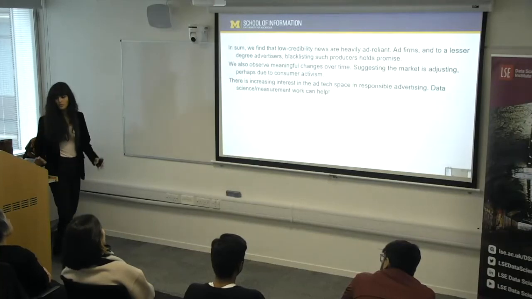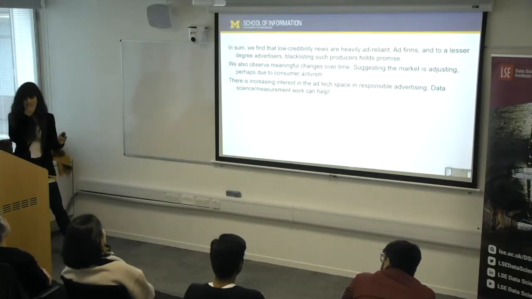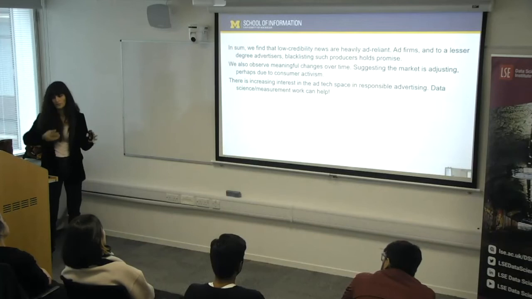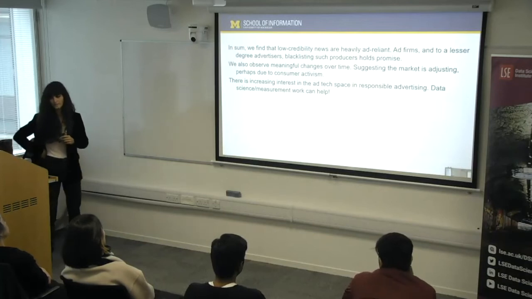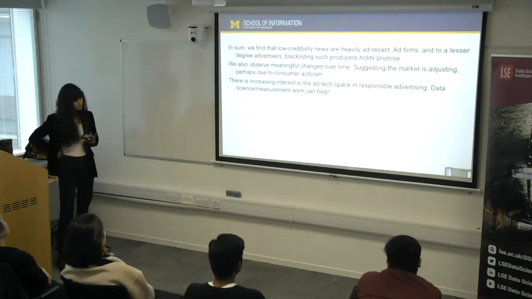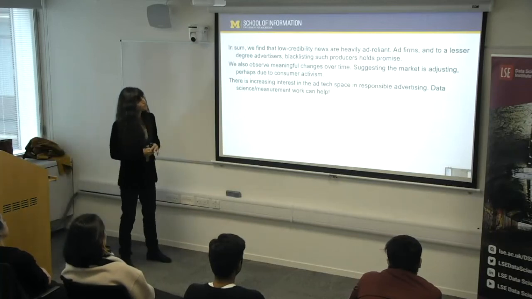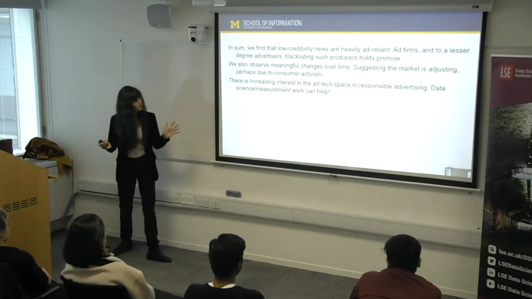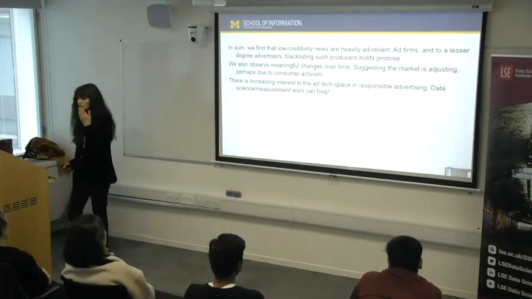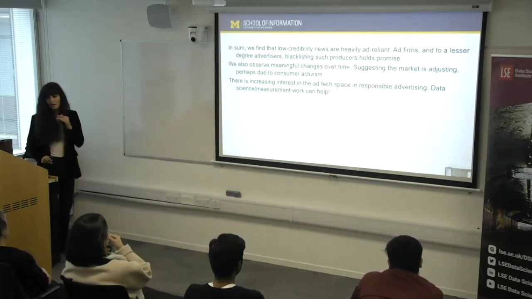Okay, so in sum, we're seeing that low credibility news producers are ad reliant, on ad firms, and to a lesser degree, advertisers. Blacklisting such producers holds promise, with some making a change here. We're observing some meaningful differences over time, suggesting that the market is adjusting, perhaps due to consumer activism. There's really increasing interest in the space, I would say.